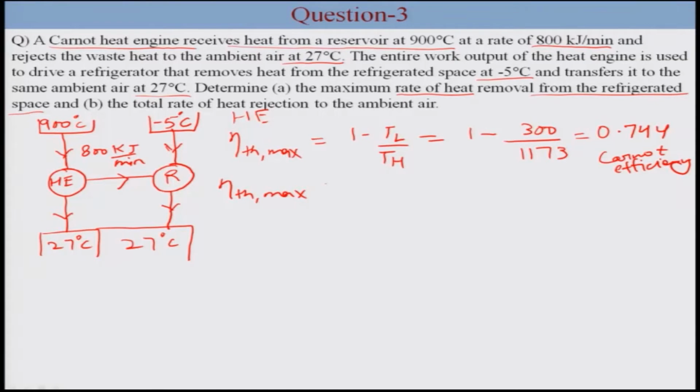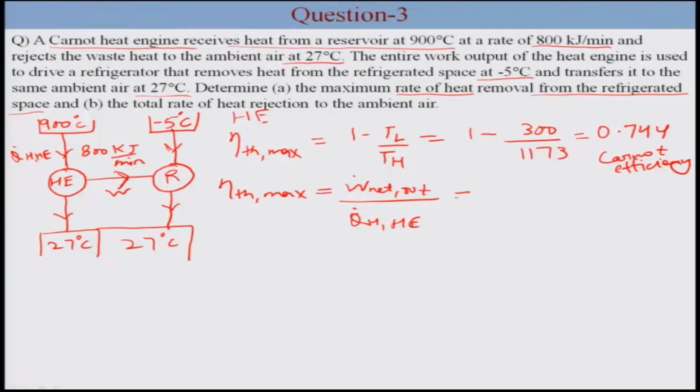Writing this in terms of work and heat, the net work output is the work output divided by QH. So this is Q dot H for the heat engine.